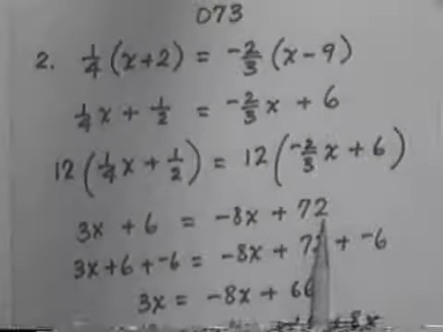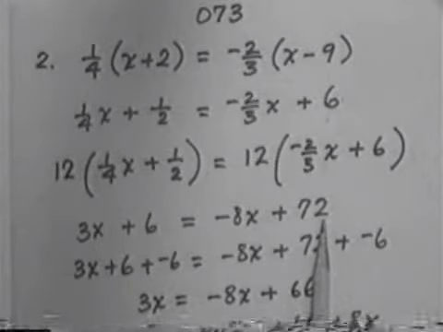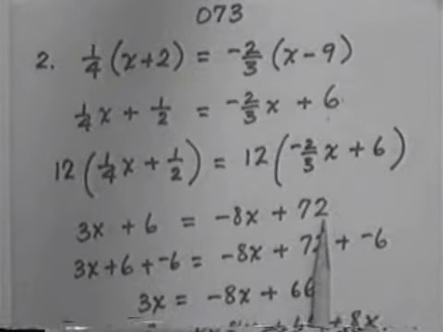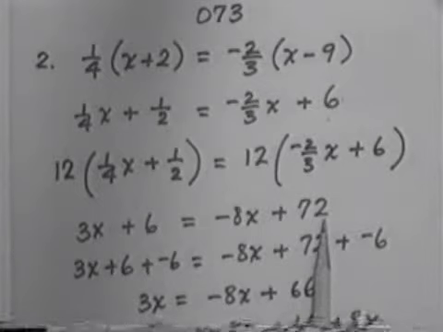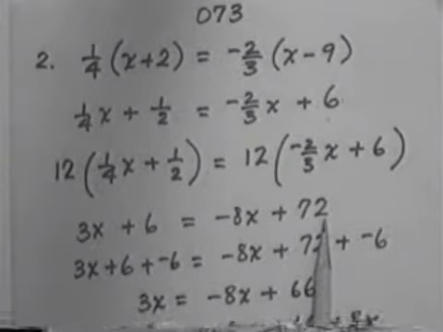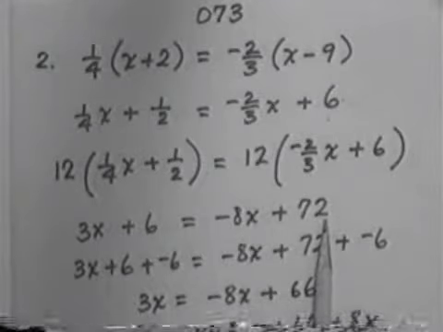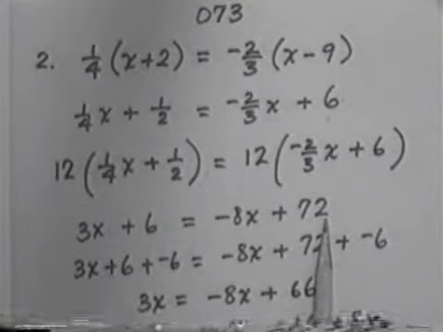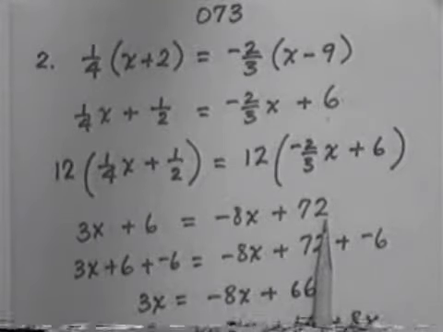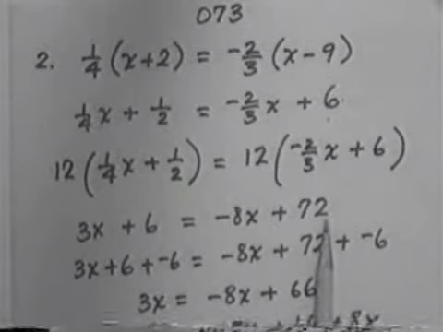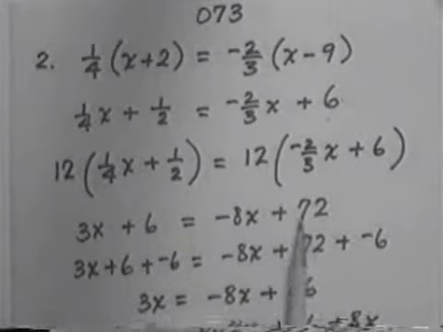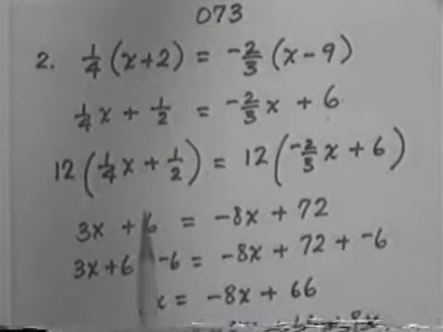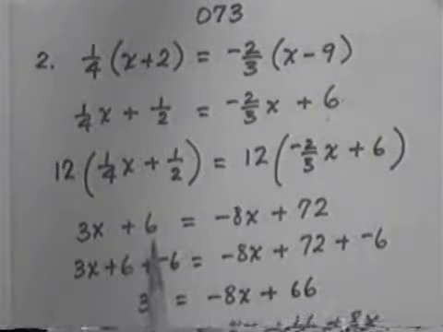One of my colleagues describes what we do next as sorting the laundry. When we get ready to wash clothes, we pile up the clothes so that the dark things are in one pile and the light things are in another. Otherwise, fading will cause all the things to be the wrong color. So we want to sort things to get the dark things on one side and the light things on the other. We can think of the dark things as the variable terms.